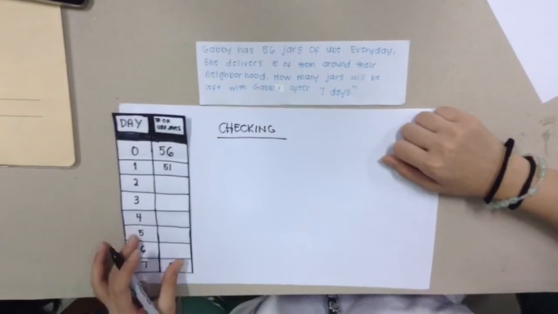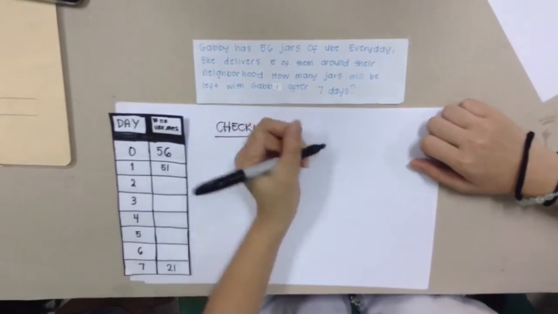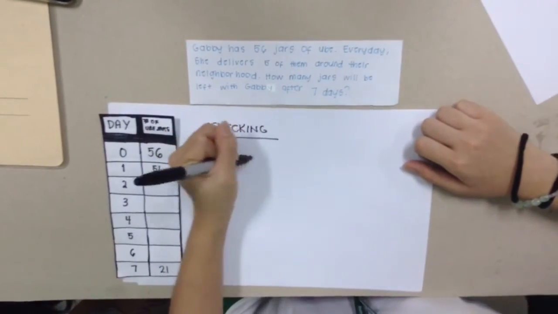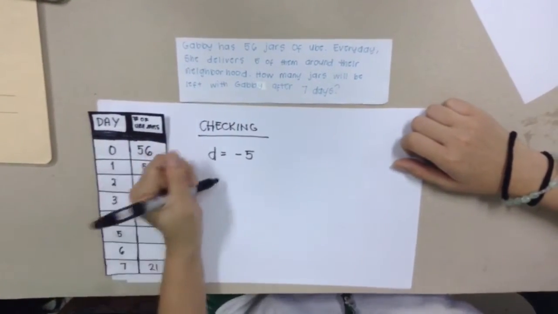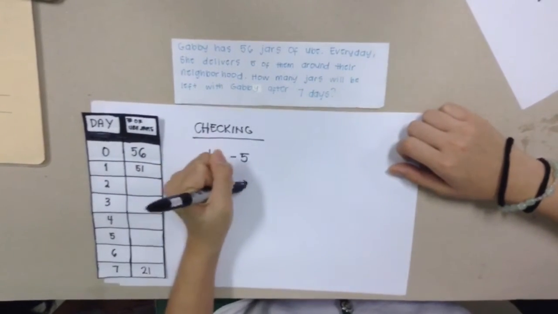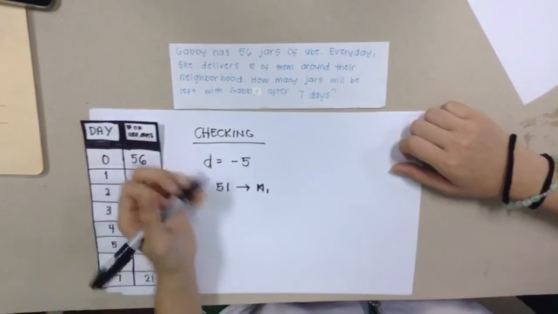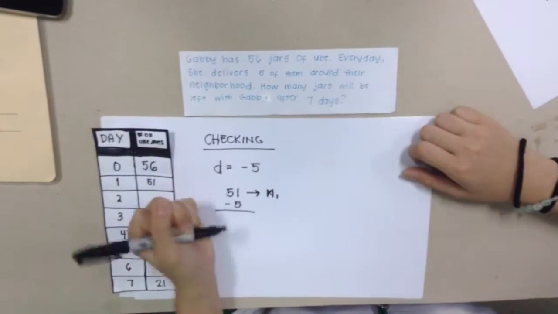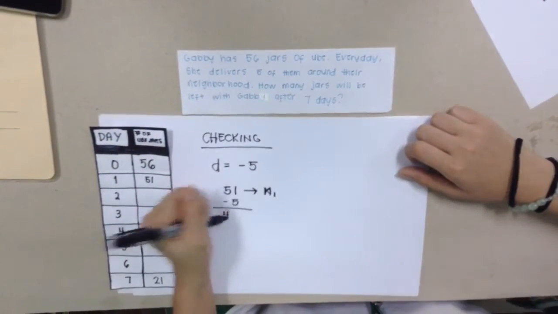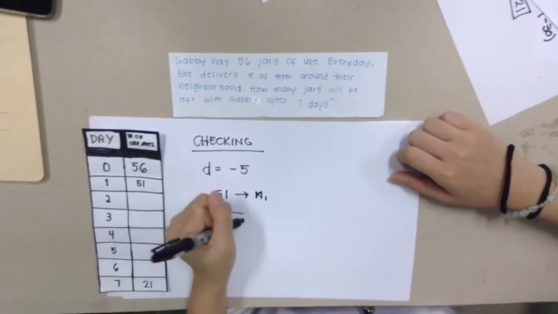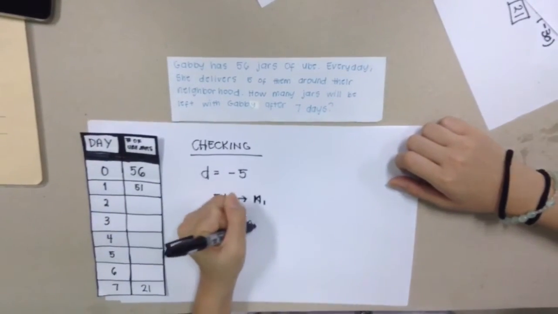So now that you have found the seventh term, you can now check it by using the common difference, subtracting 5 each time from each term on the given table. So then 51 subtract 5, which is the first term, gives you 46, which is the second term.